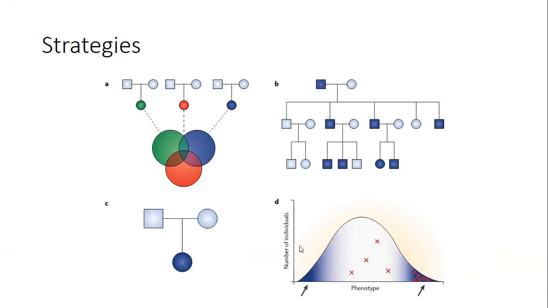And if you find a variant that is new in the child, not present in the parent, the child's the only person in the family affected, that comprises significant evidence that this may be relevant to the phenotype, although you need to prove that the parents are truly the parents, by the way, which isn't always the case. Another way is if you have a dominant disorder, like depicted here, does it segregate in the family?